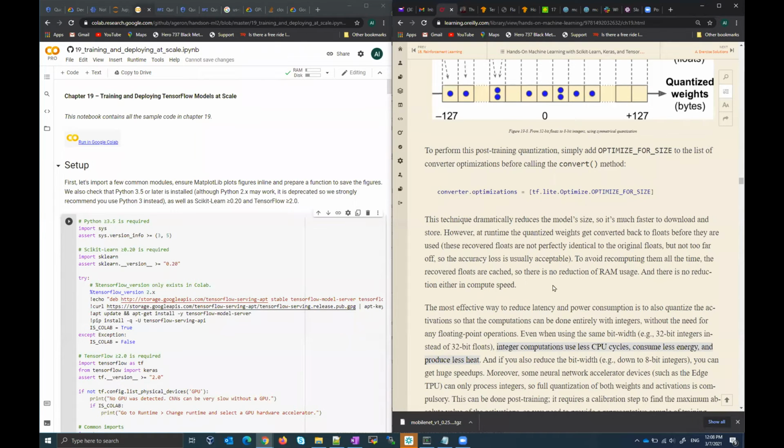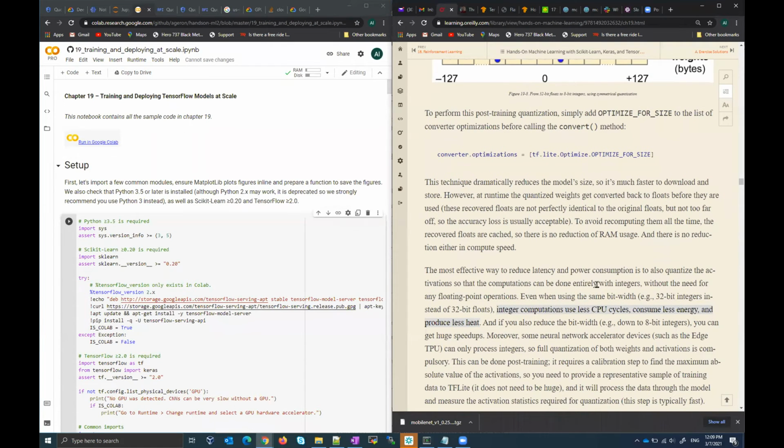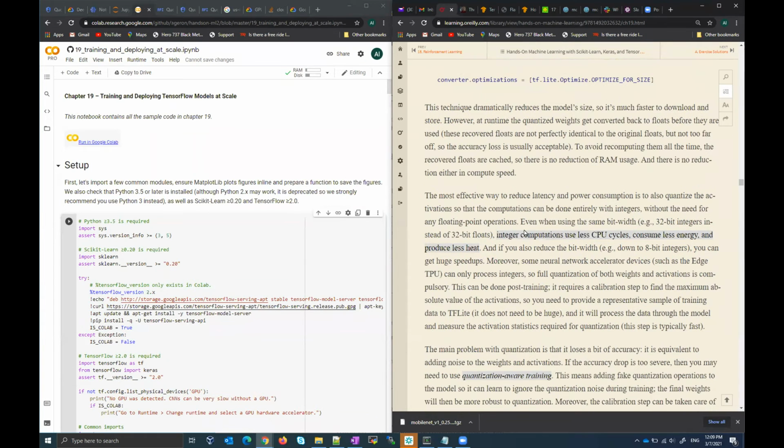And then I'm saying that this can be done entirely with integers. You lose some precision, but you make this easier, faster, and more lightweight. Right?